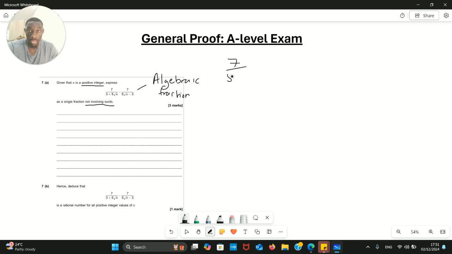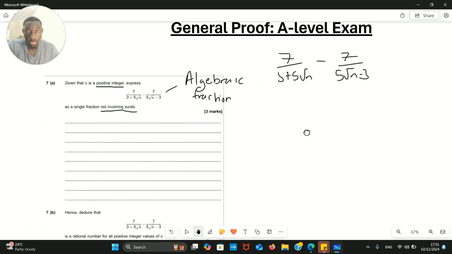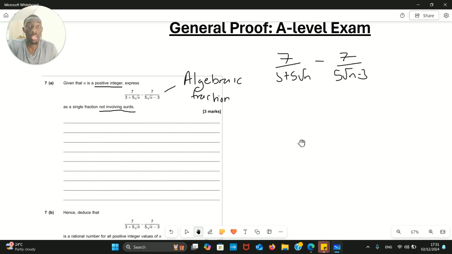I'm going to write it: 3 plus 7 over 3 plus 5 root n, minus 7 over 5 root n minus 3. What I'm going to do is subtract these fractions, just as we subtract fractions as normal. It's just that our denominators look much harder than usual. Because I want the same denominator, I can just multiply these two terms.